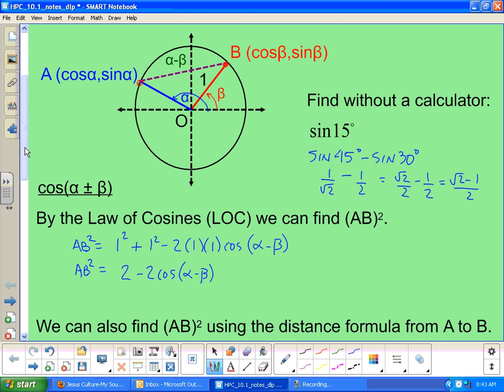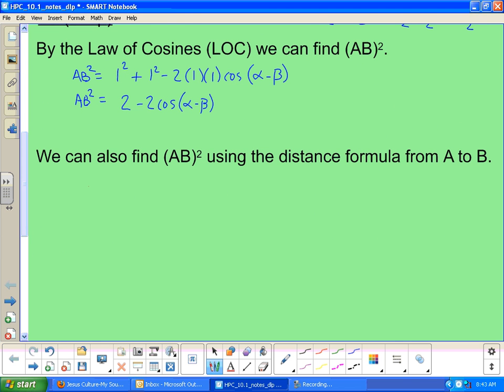So our difference in x values, cosine beta minus cosine alpha squared. So now AB squared is equal to cosine beta minus cosine alpha quantity squared. There's my difference in x's. And we're going to add to that my difference in y's. So we have now our sine of beta minus our sine of alpha squared.